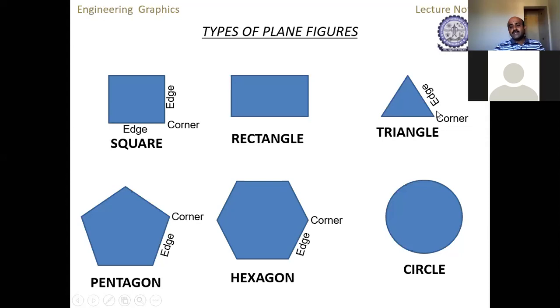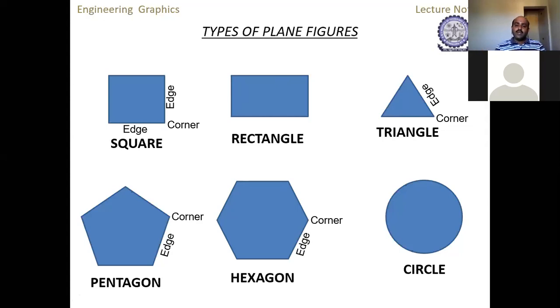Why I'm talking about this is, when we are drawing the projection in our engineering drawing, the position of the lamina or plane will generally be given with respect to the edge or a corner. So this is very important for us. Why? Because this will play a vital role.